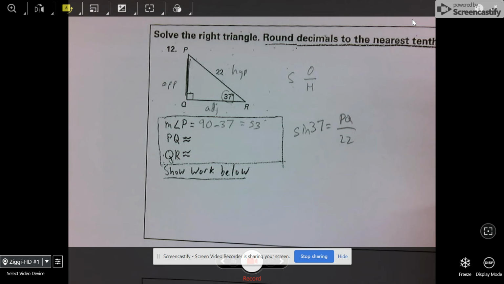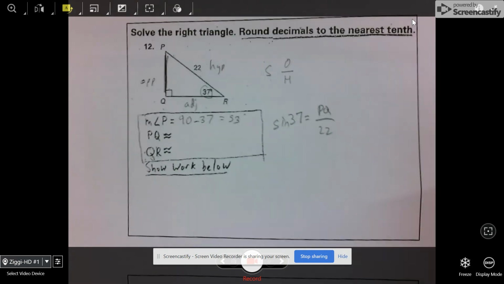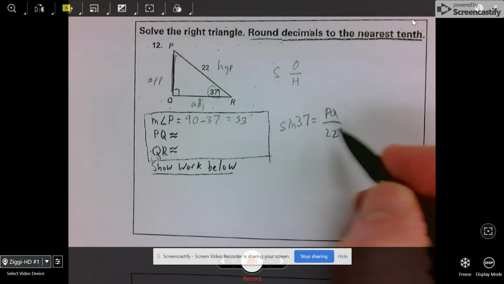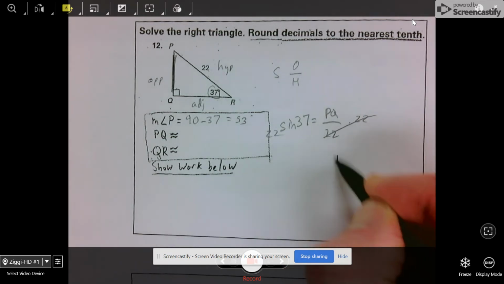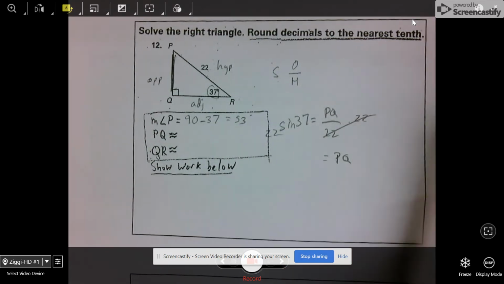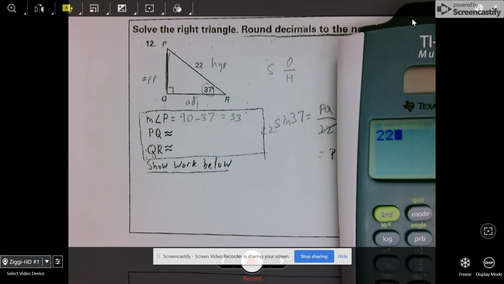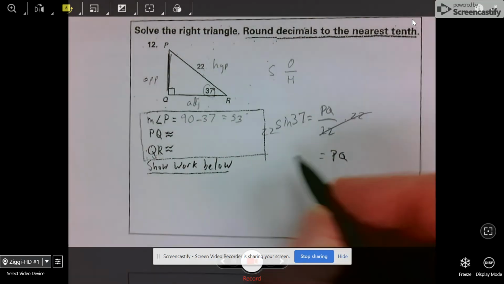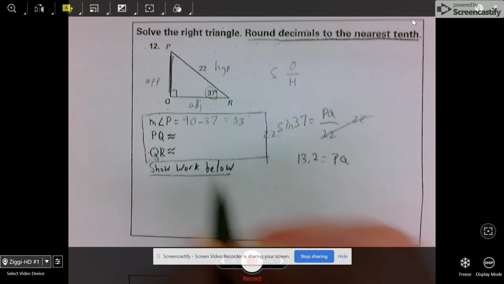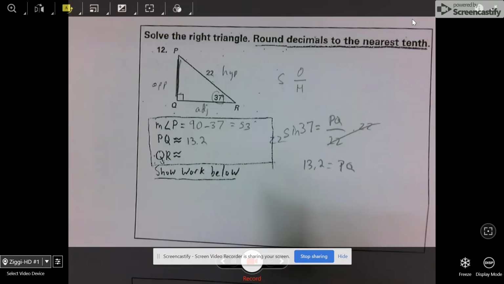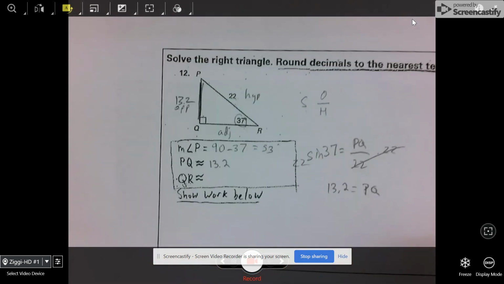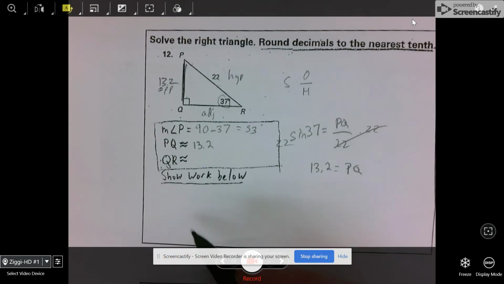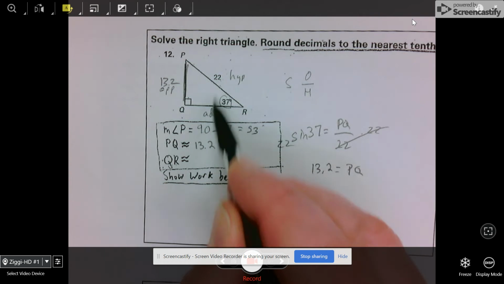And by the way, this whole PowerPoint is on Canvas as well, so if you want to go through it that way. To solve this, I multiply both sides by 22, and I get PQ equals 22 times the sine of 37, 13.2. At that point, you can use Pythagorean theorem to find the third side, or say this is the adjacent side.